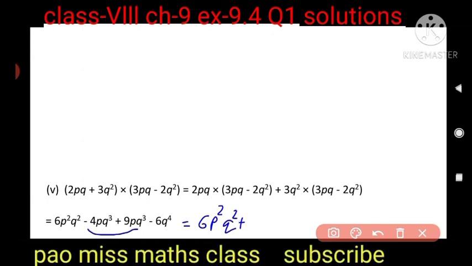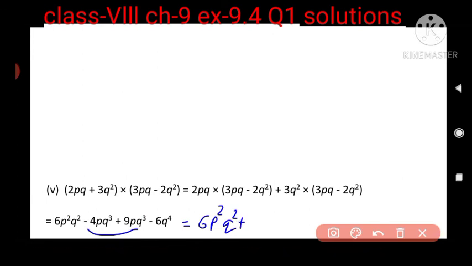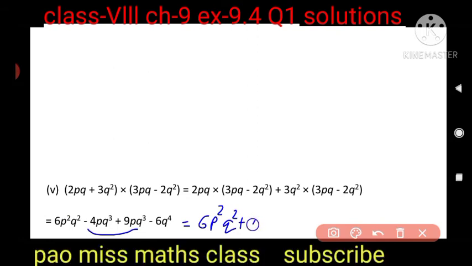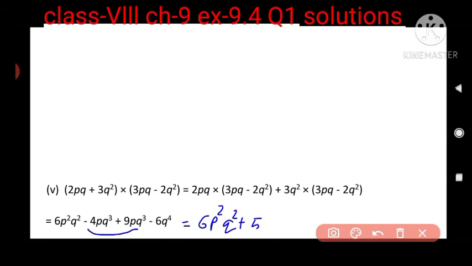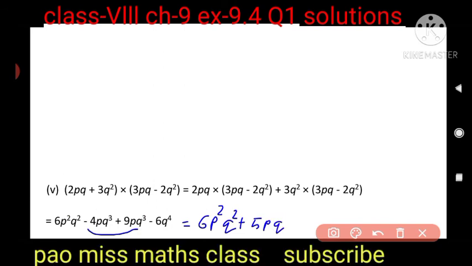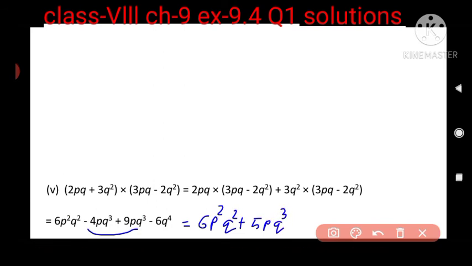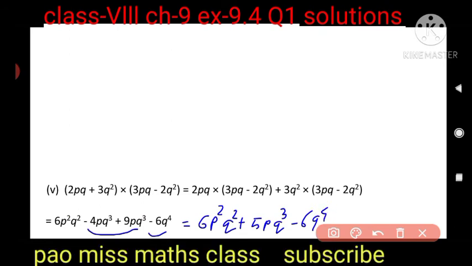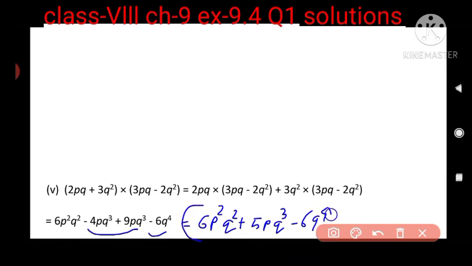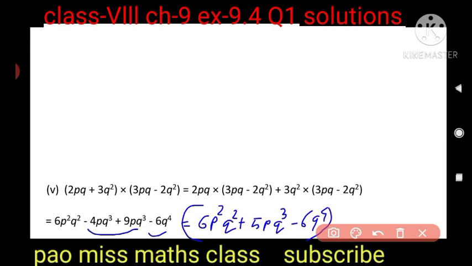So 9 is greater, 9 is plus, we have to put plus. Now 9 minus 4 is equal to how much? 5. And what is the variable? P and q to the power 3. Then the last one, what is remaining? Minus 6 and q to the power 4. Now this is our required answer for question number 5.